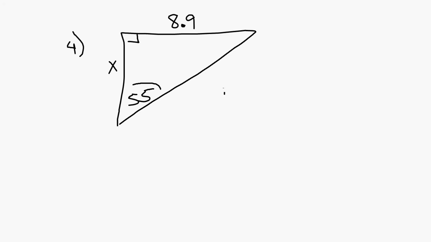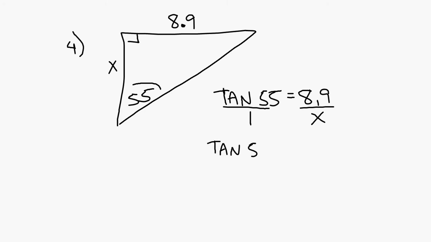Tan of 55 equals opposite over adjacent. Put your tan 55 over 1, and crisscross multiply. Tan 55 times x equals 8.9, so you divide both sides by tan 55.